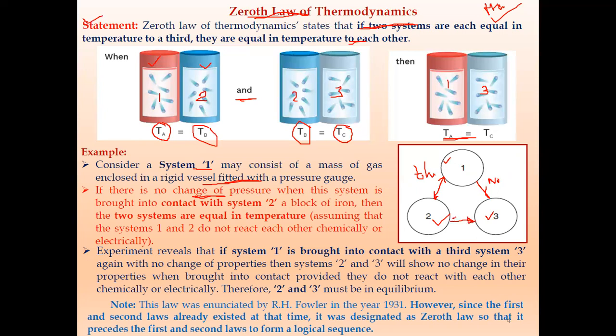Because system 2 and 3 must be in equilibrium, that is there is no change in pressure or temperature. So this is called the zeroth law of thermodynamics.